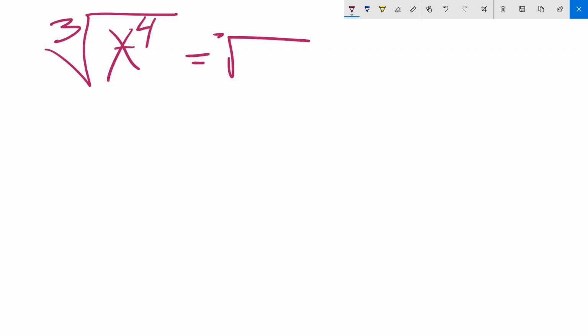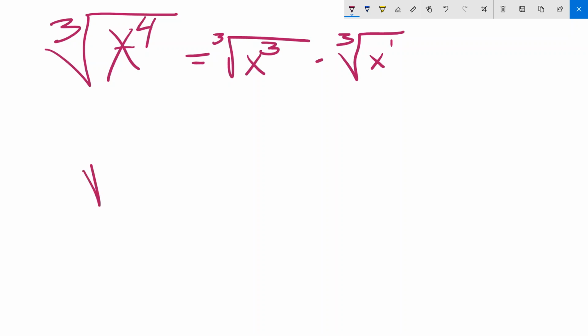Cube root of x to the 4th. The easiest way to look at this is it's the cube root of x cubed times the cube root of x to the 1st. See why I factor x to the 4th that way?